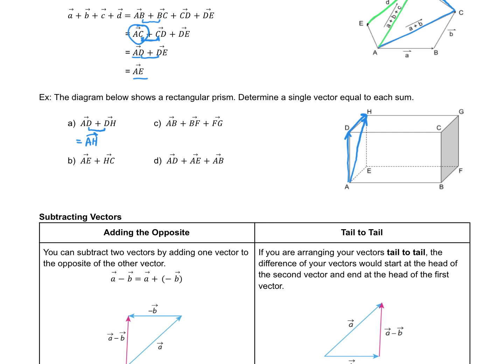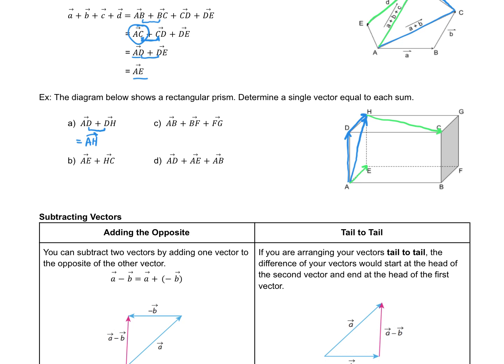Next we have vector AE plus vector HC. These vectors are not arranged head to tail, so I need to go to my diagram. Here's vector AE, and I also need vector HC. Now I can use my knowledge of equal vectors to come up with an equal vector to either AE or HC to then find my resultant vector.